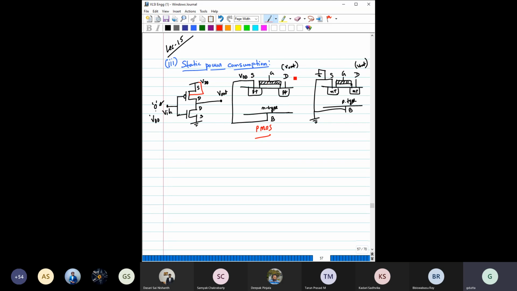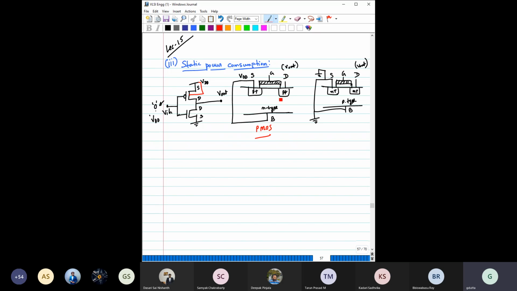Now suppose this V out is equal to 0. Then you see this is a PN junction, and you have applied a higher potential on the N side compared to the P side. That means you have reverse biased this PN junction, drain to substrate. As a result, every reverse biased PN junction should have some leakage current.